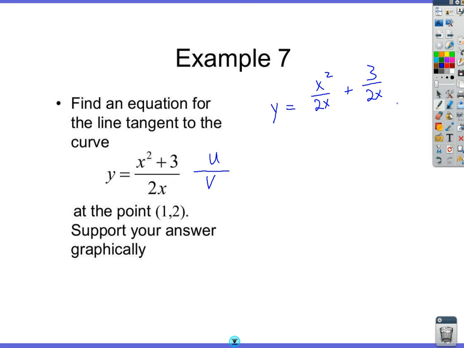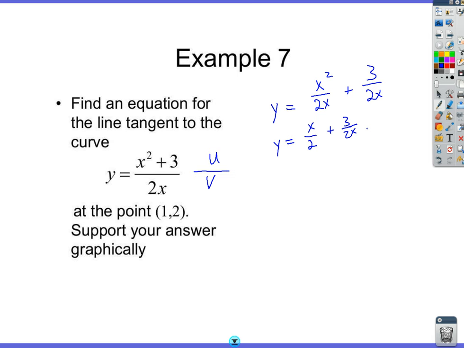And that's just because this is a monomial. Now I'm able to split it up nice and easy like this. You can always split up fractions, but it doesn't come off as pretty as this because I can simplify this right here as y is equal to x over 2 plus 3 over 2x.